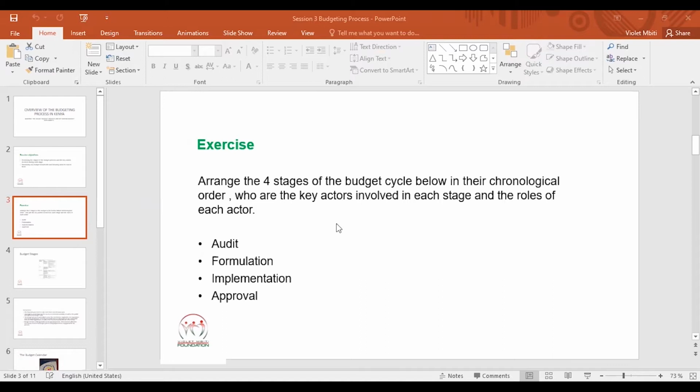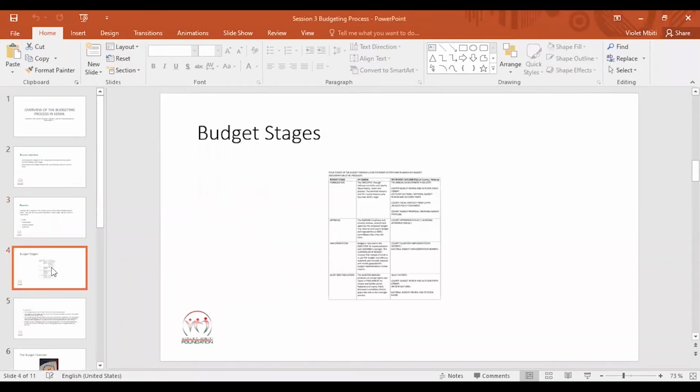He has said that the county executive is involved in formulation and implementation. All right. So we'd like to go right ahead and give you an answer so that you can know.